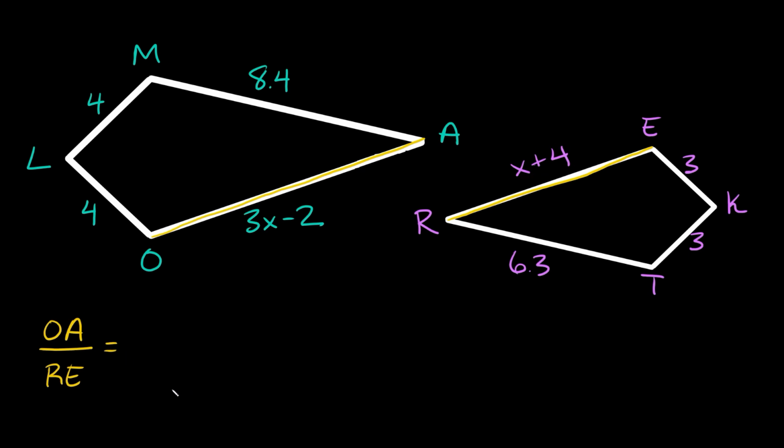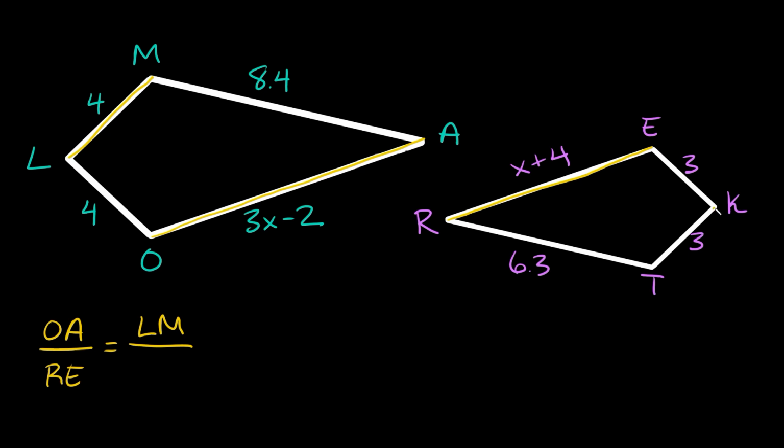So we're going to set this again equal to a ratio that we do know. So in this case, let's just use some easy numbers. So from L to M, which is opposite of that really long side, is equal to 4, right? So we know that side. So we can say from L to M, and that corresponds to which side over here? Well, again, it would be opposite of the long side.